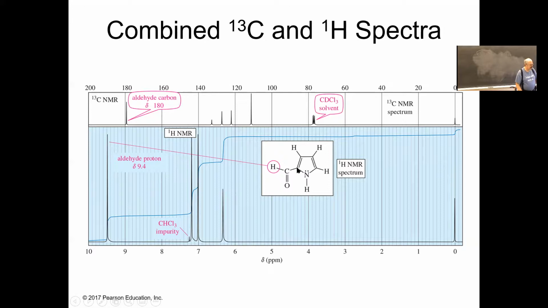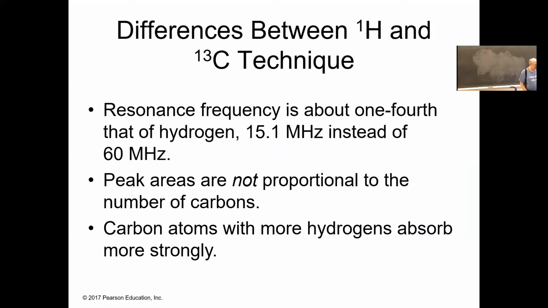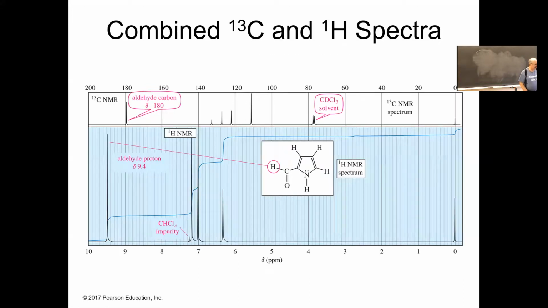So that would be this one right here. As far as assigning the others, that's a little more difficult, but this would be the one that has no hydrogen on it. Notice here that the splitting on the carbon peaks has been suppressed, so these all appear as singlets.